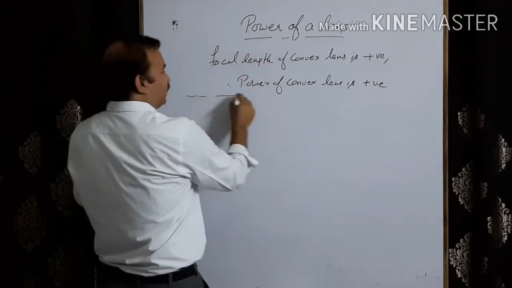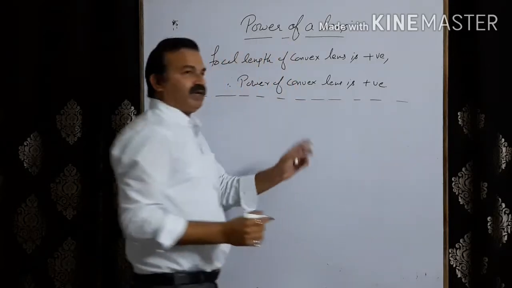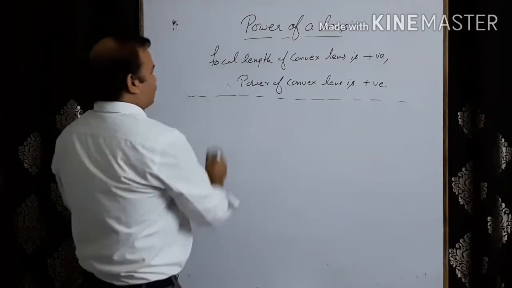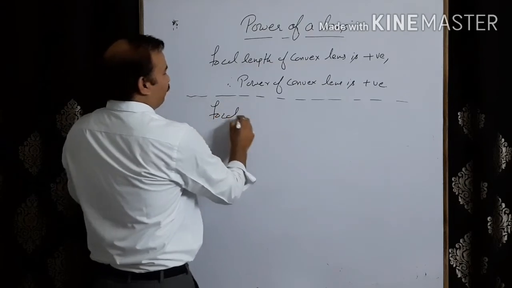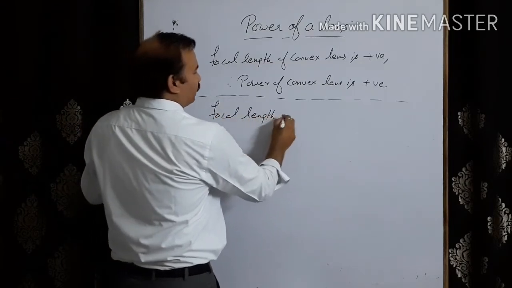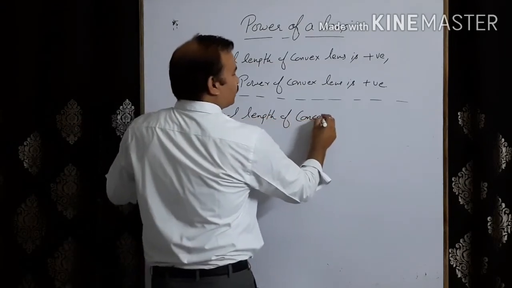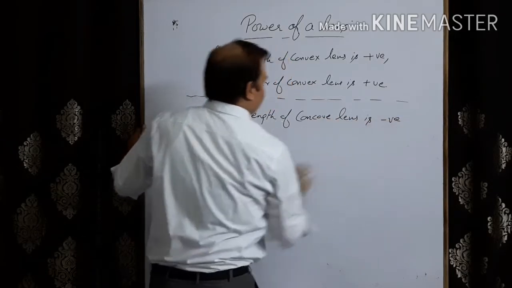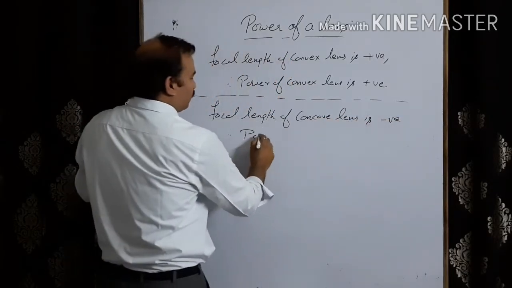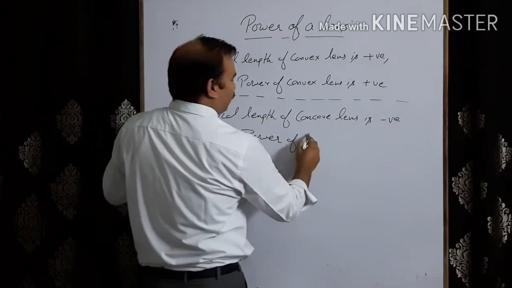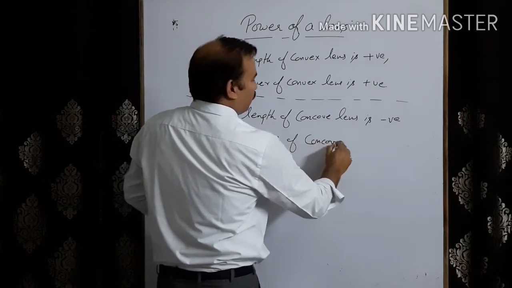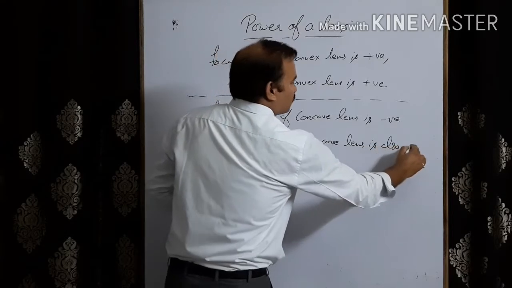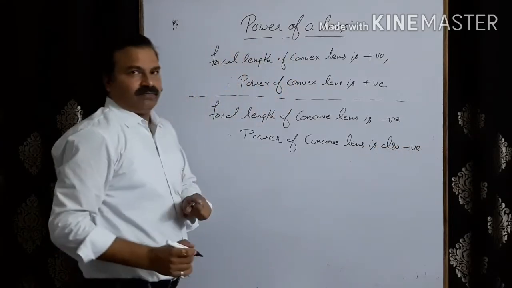If in any numerical the power is given as positive, then understand that the lens is a convex lens. Second, the focal length of a concave lens is negative, therefore the power of a concave lens is also negative.